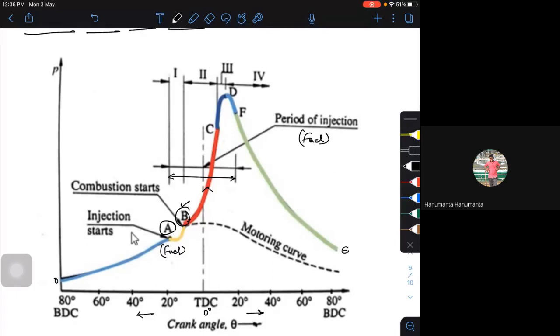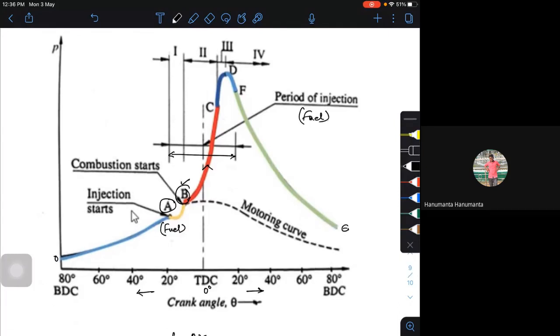And then from point C to D, it's a controlled combustion. Why is it called uncontrolled combustion? Because the fuel is still in the process of mixing with the air, and whatever the flame propagation, you don't have control.